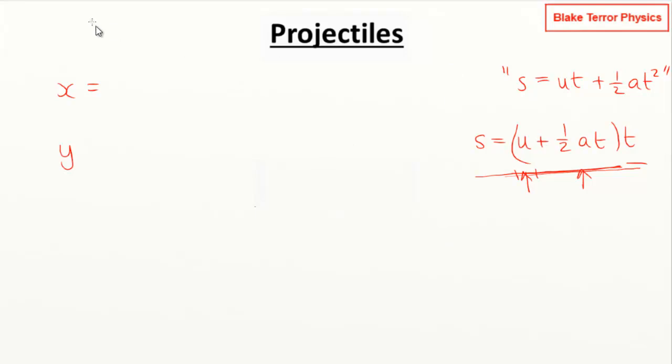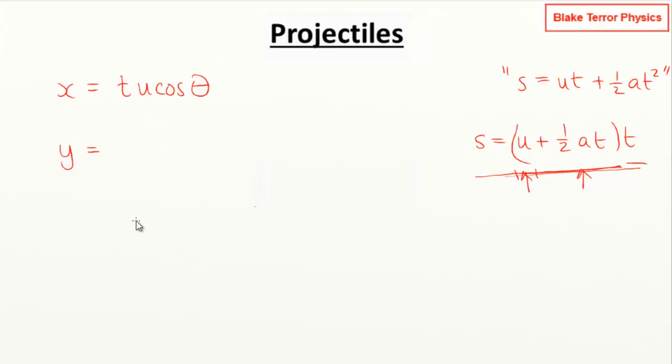So if we use that in both directions, horizontal and vertical, then we can get parametric equations for our projectile motion. We have no acceleration in the x direction, so we're just going to get t multiplied by u cos theta, where u is our starting speed and theta is the angle between the initial projection and the horizontal.